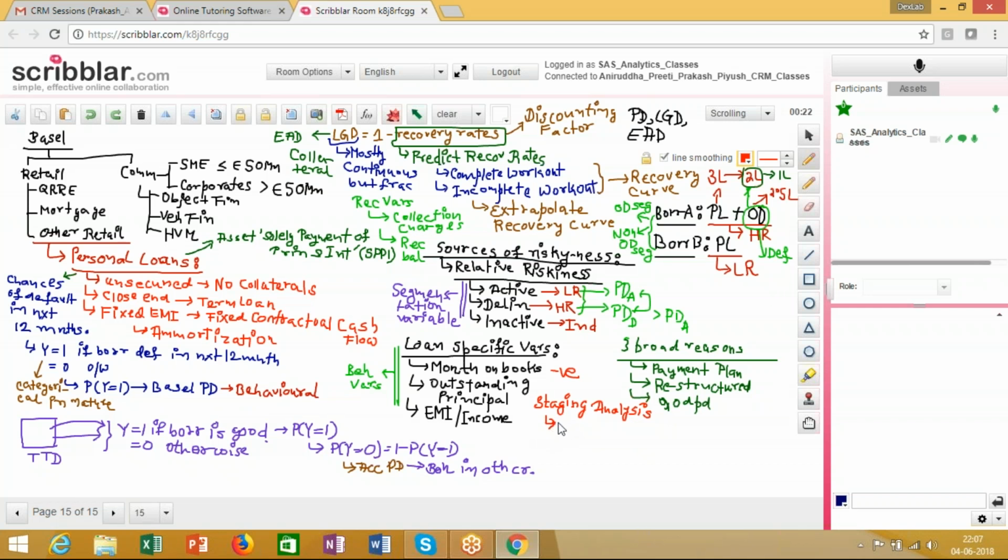The first thing we talk about is stage one. In stage one, a borrower is an active and non-delinquent borrower.